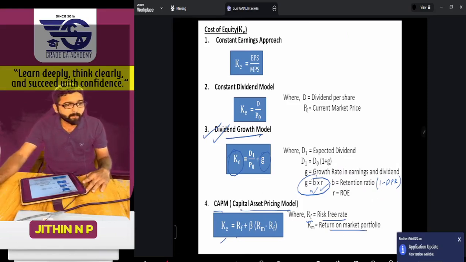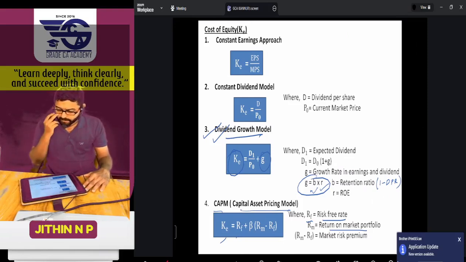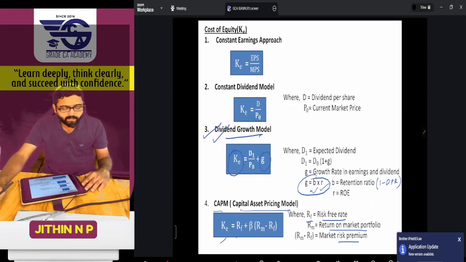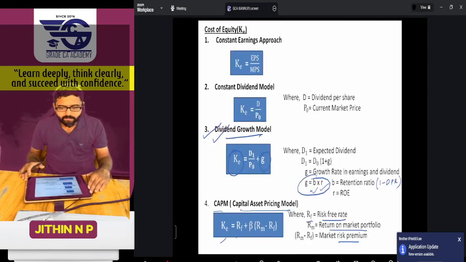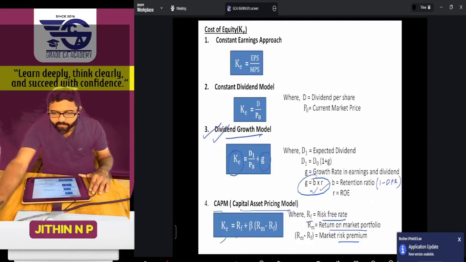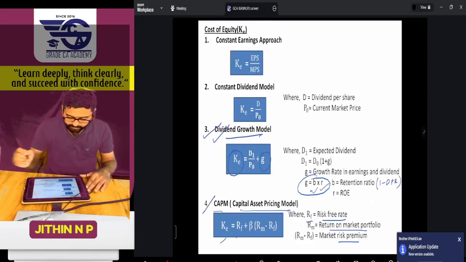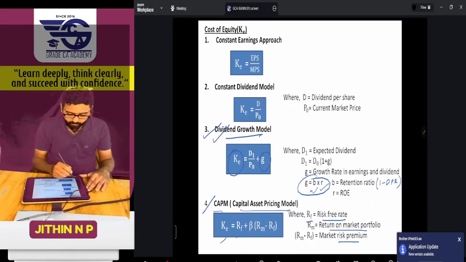RM minus RF is equal to the market risk premium. First of all, study this formula, then once again we will discuss this concept.